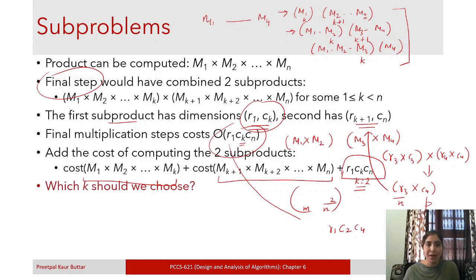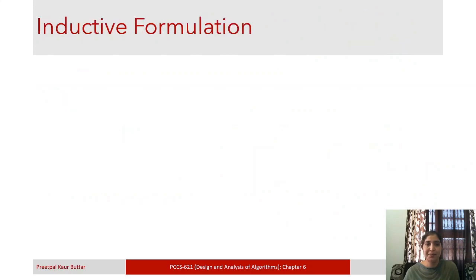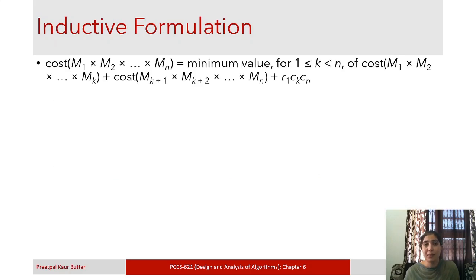So the question here is, which k should we choose such that we have the minimum cost? As I already told you, there is an inductive formulation. Recursion is there in this particular problem.